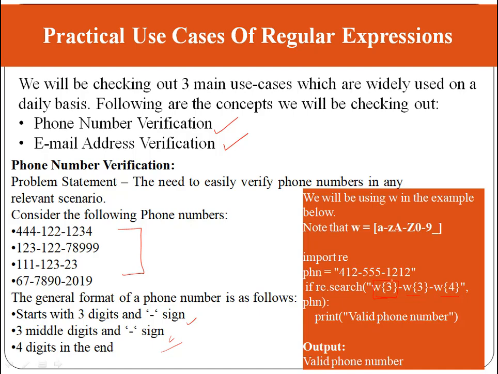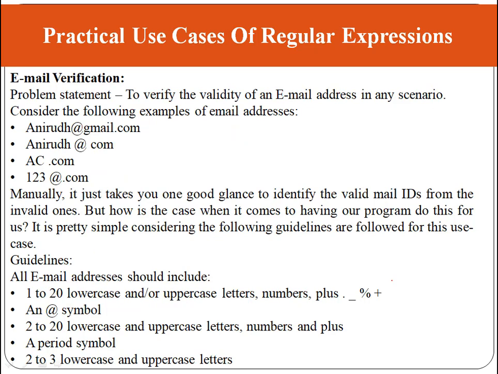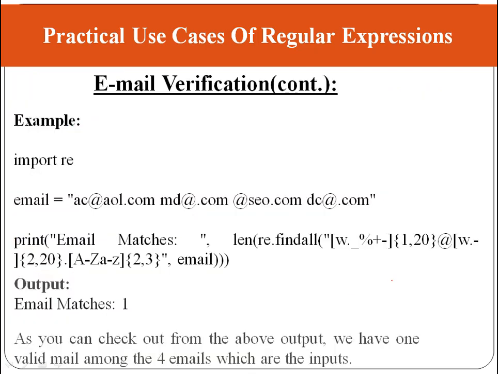Then you want to go for email addresses, a valid email address. These are the rules, and how you are writing it over here is that you have any number of word characters, right? These are the permissible characters, and up to 20 characters can be there before the at the rate symbol.